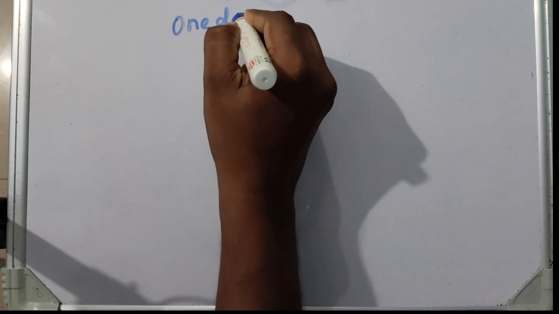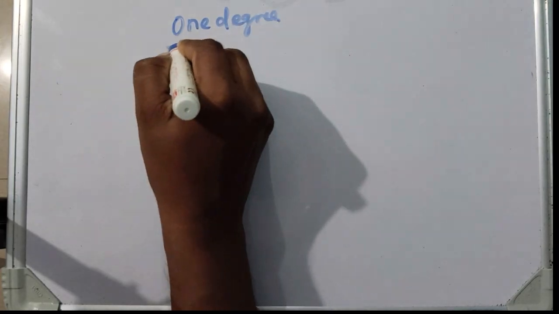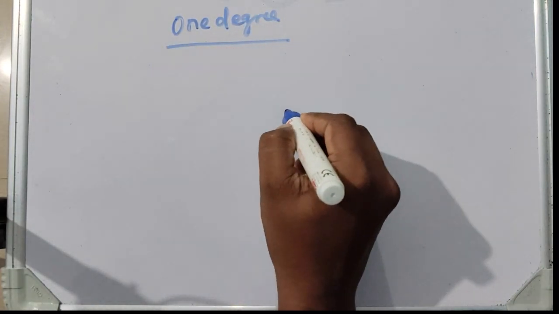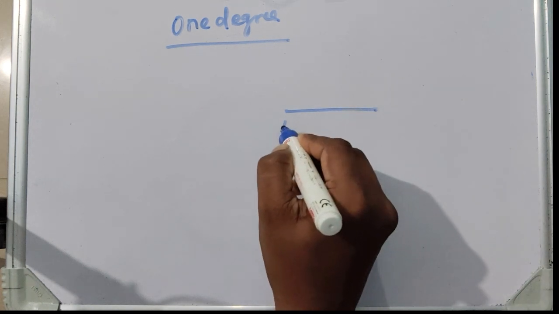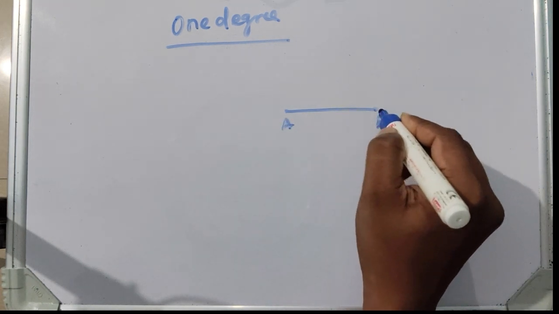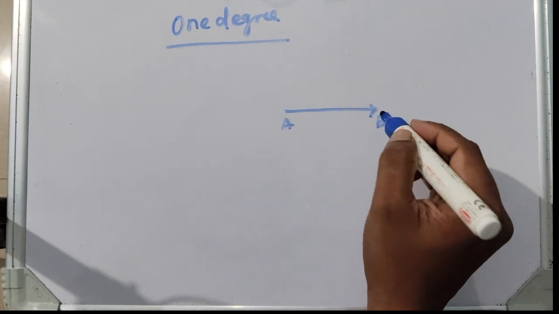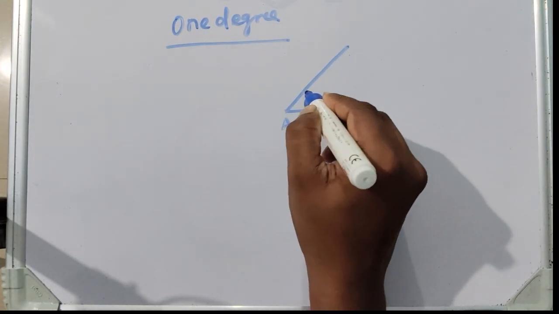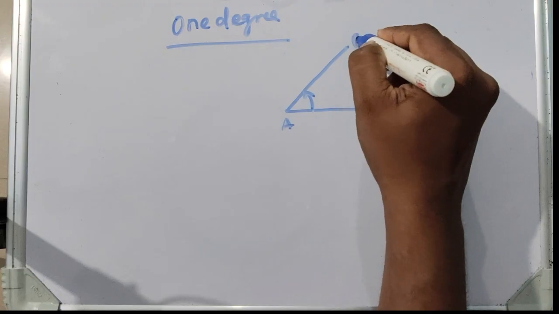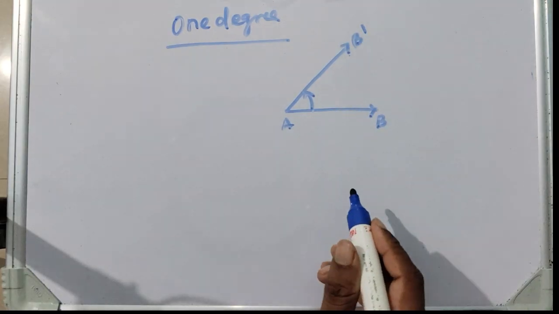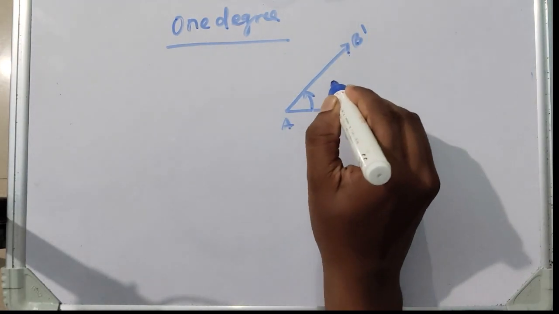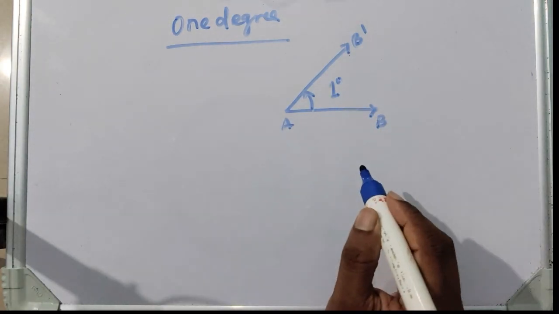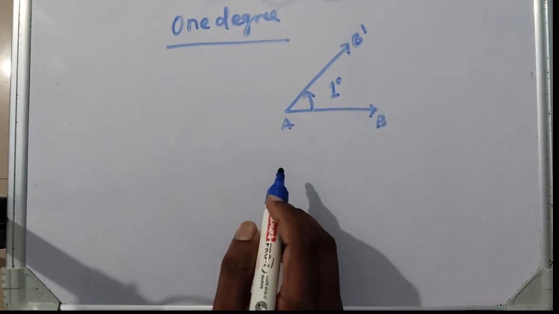So what is 1 degree? Suppose there is a point A and B, and B is rotated such that its new position is B dash. So when will we say it is 1 degree?